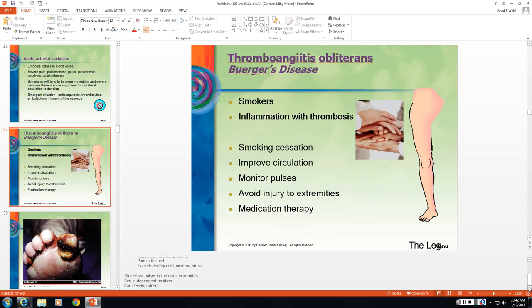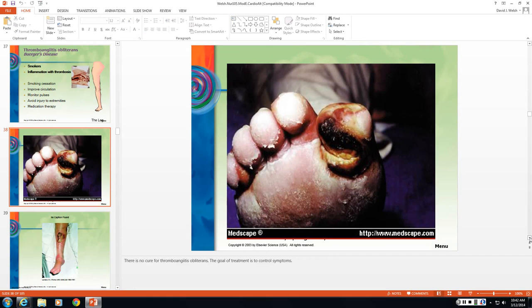So you want some vasodilation going on to try to increase the blood flow. There's no cure for Buerger's disease. The goal of treatment is to control the symptoms. You're not going to cure it.